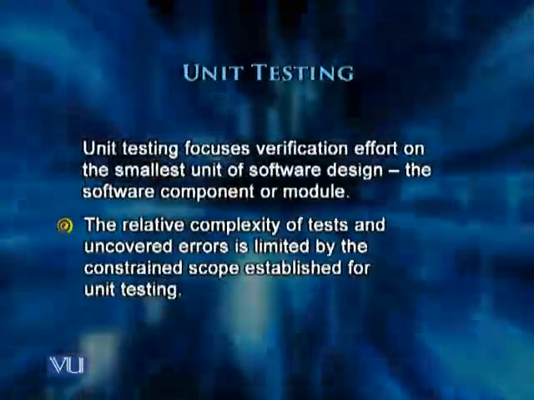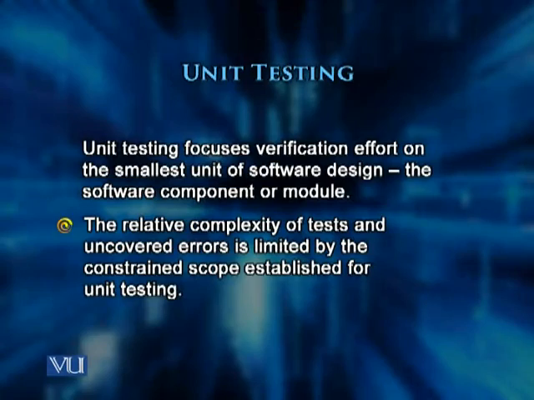The relative complexity of tests and uncovered errors is limited by the constraint scope established for unit testing. And so everything that is achieved by unit testing is limited to the scope of the unit, and that varies with respect to the development approach.